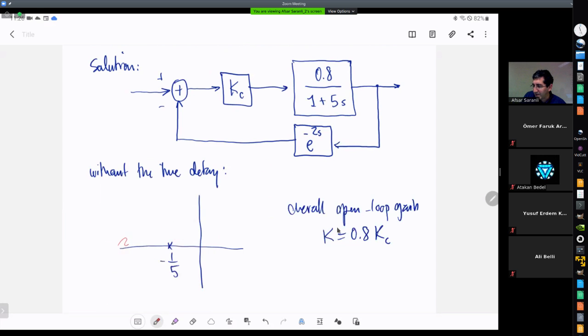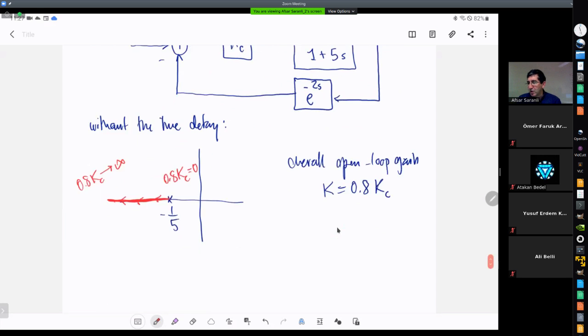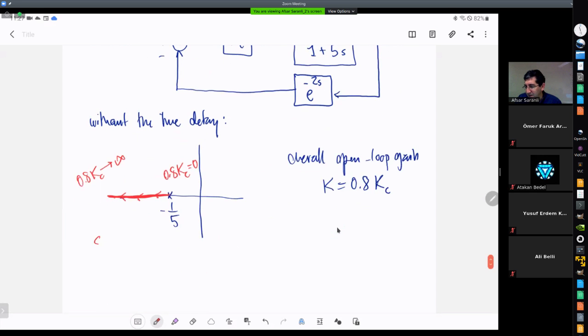We have a single asymptote over here, and at 0.8 Kc equal to 0, and 0.8 Kc simply goes to infinity. So the system is stable for all Kc positive.